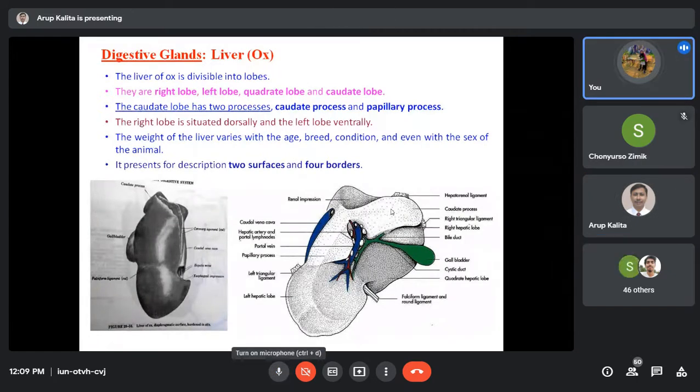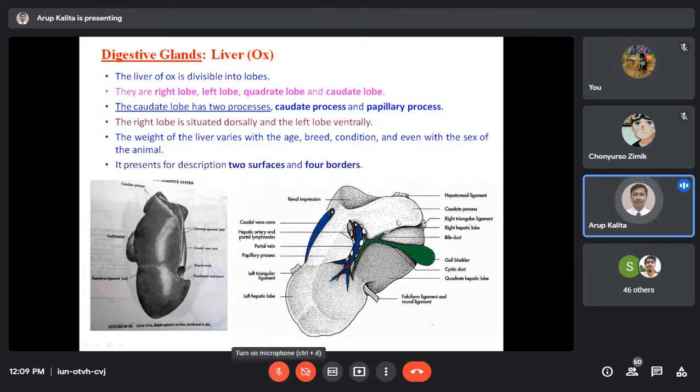Yes, sir. Okay. Now this caudate lobe has two processes. This process is known as the papillary process, and this process is known as the caudate process. So the whole is the caudate lobe, this white dotted area.